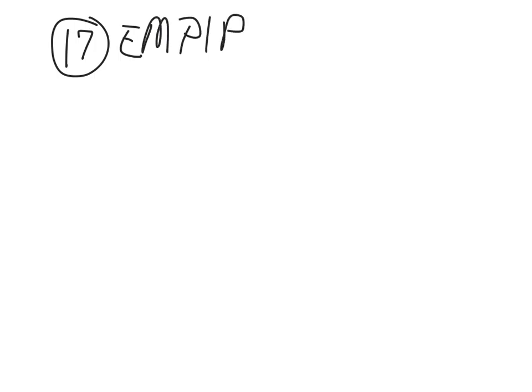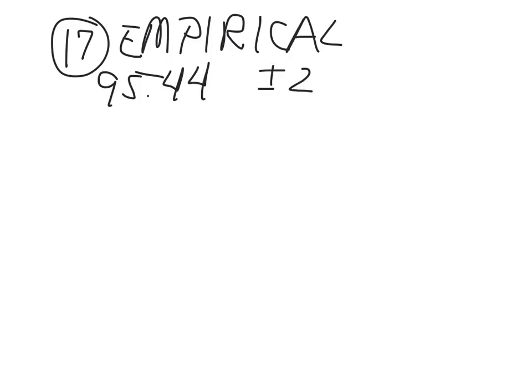Change slides. Now 17, if you remember the empirical rule, you're okay. The empirical rule gave you that thing about 95.44% are within plus or minus 2 standard deviations. But if you didn't happen to remember that, you can always do it by hand.